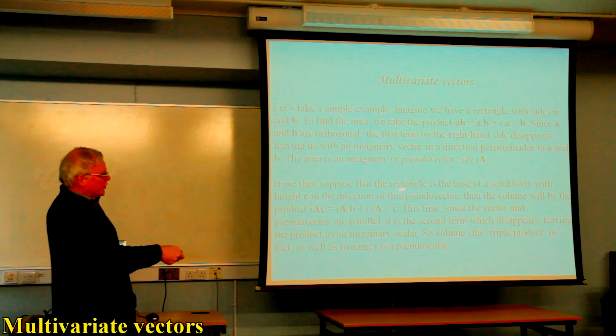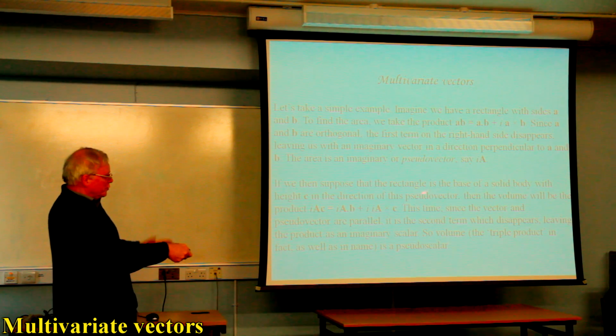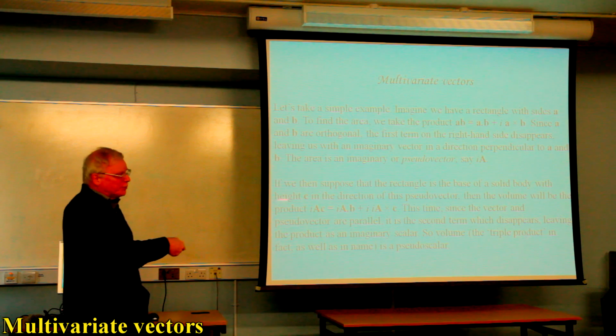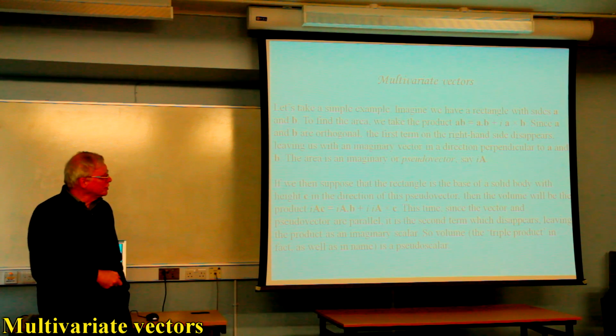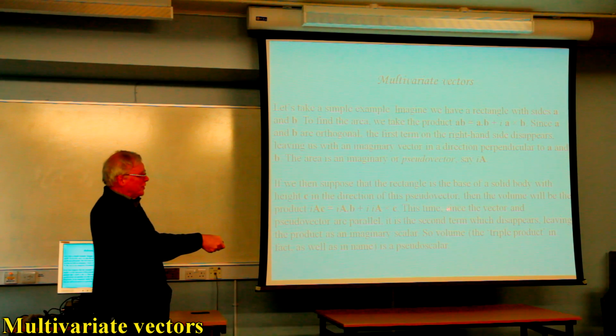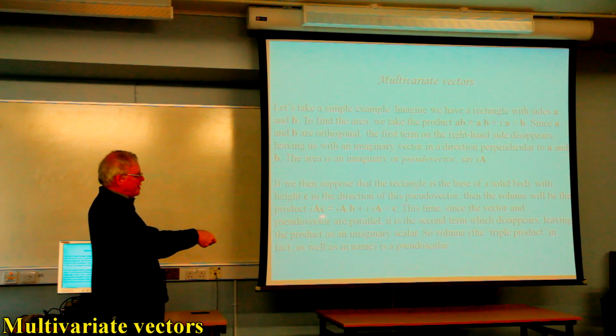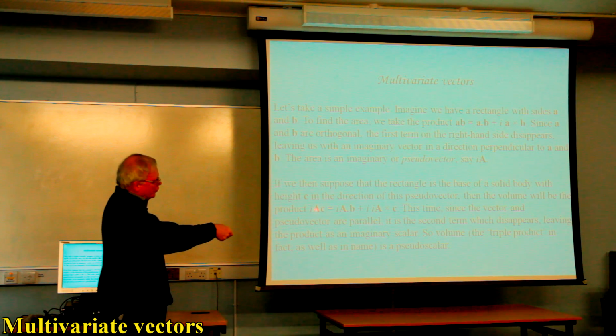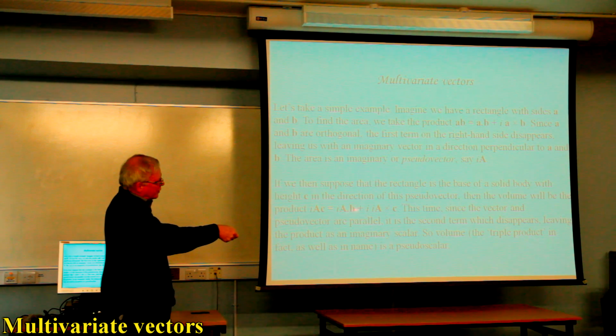If we then suppose that we take the rectangle as the base of a solid body with height C in the direction of the pseudo-vector, then the volume will be the product iA times C, and it's the full product again. And if I write down the full product, I will get that. I think that should be C, not B.